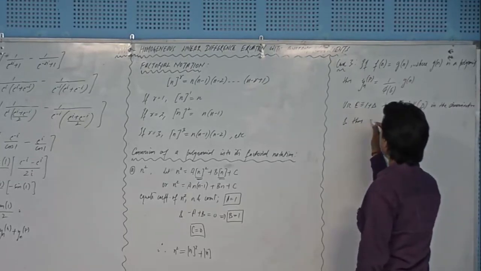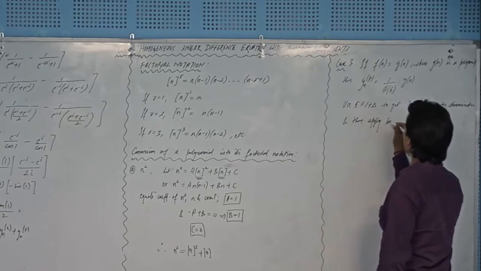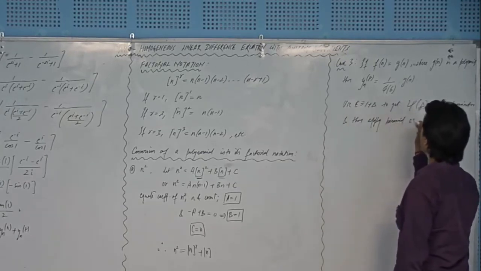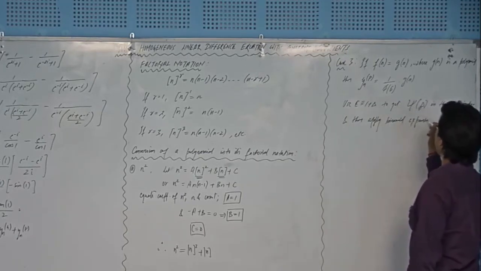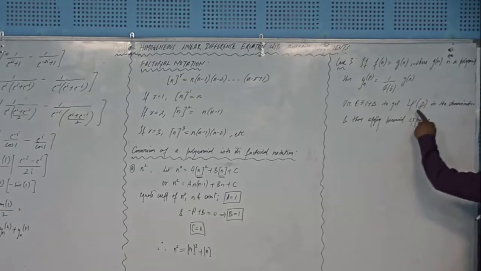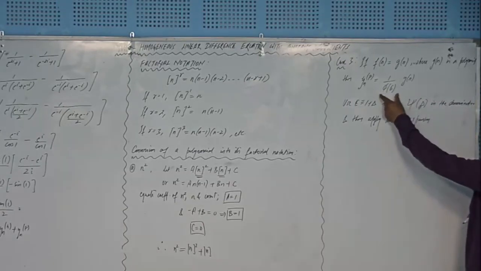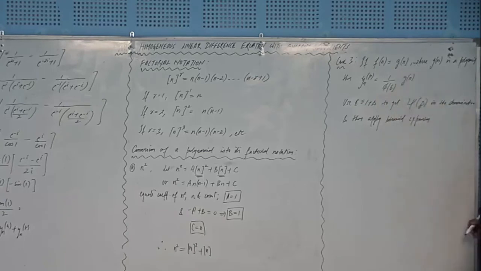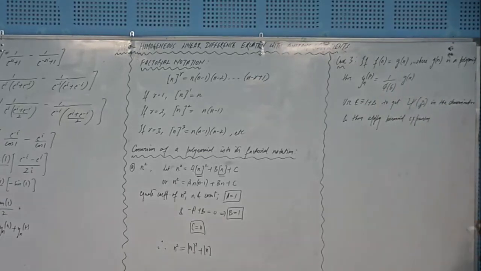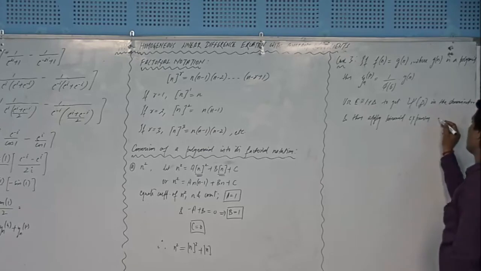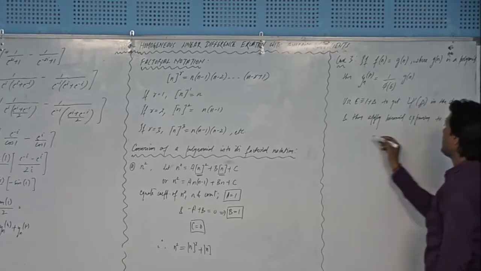And then apply the binomial expansion. You should take that denominator into the numerator and then apply the binomial expansion to get ascending powers of delta.